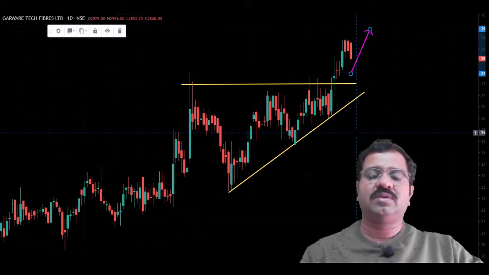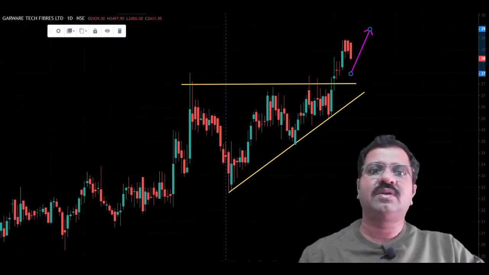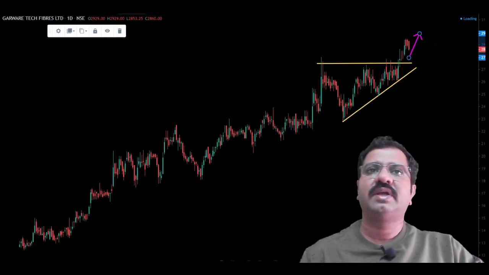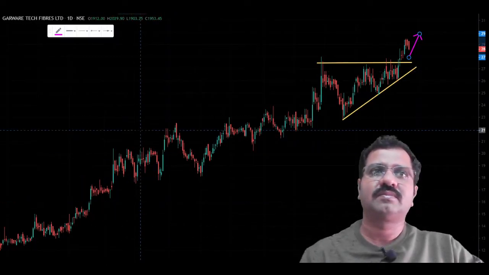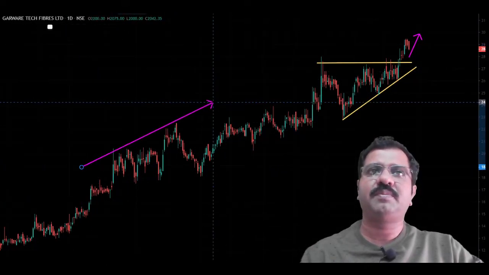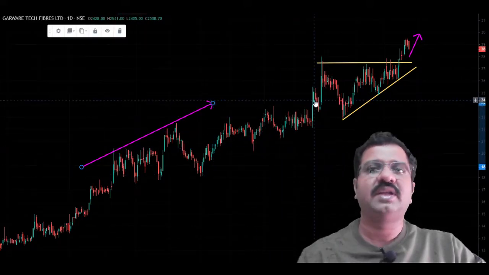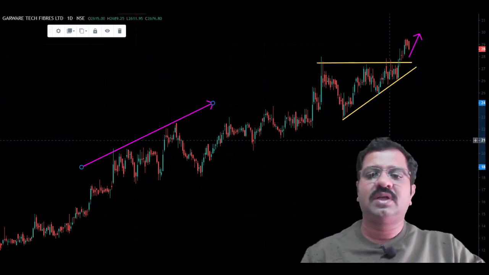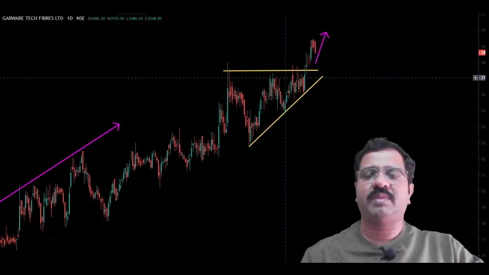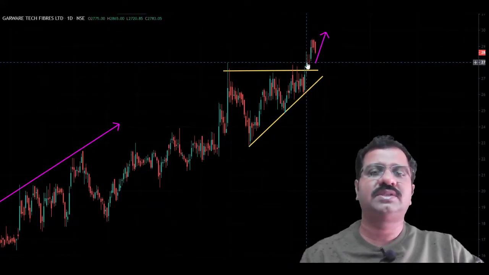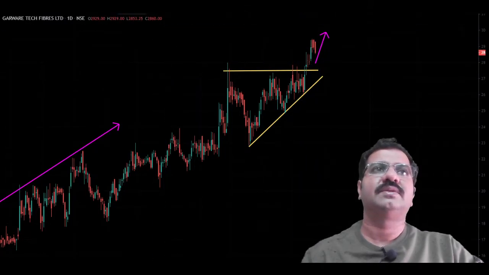Okay, so how to trade an ascending triangle? First thing you have to see is whether there is an uptrend on the chart. Are prices going up? Yes, there is an uptrend. In an uptrend, if you see the triangle pattern forming, once price moves out of this triangle, immediately you have to buy.